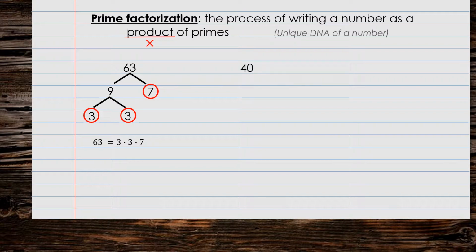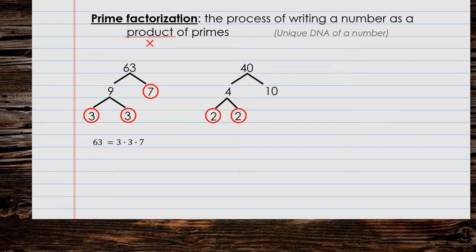Let's look at 40. Think of two numbers that multiply to give you 40. Maybe you're thinking of 4 and 10. Well, can 4 factor or is it prime? Well, 4 is actually made up of 2 and 2. Looking at the first branch of a 2, notice 2 is a prime number, so we circle it and turn it into a berry. The next 2 is also prime, so we circle it as well.